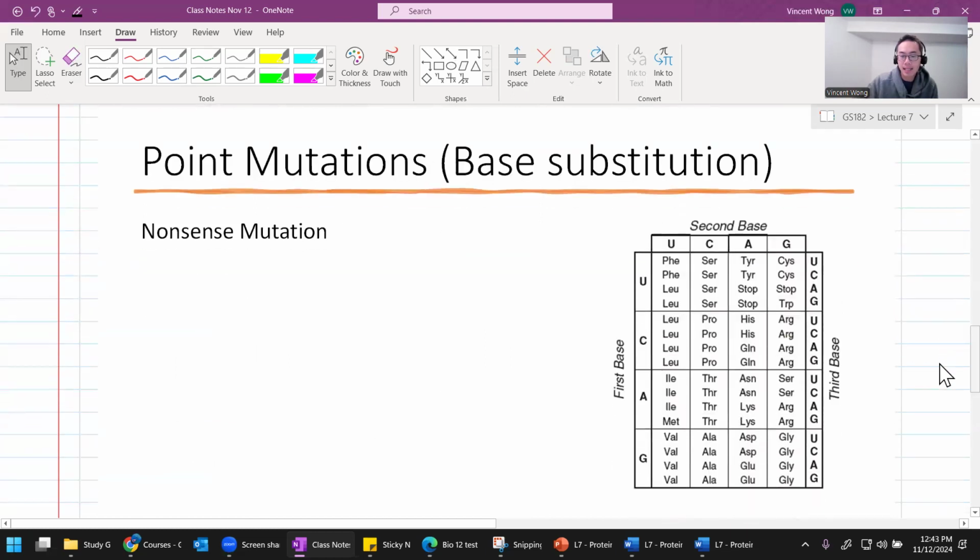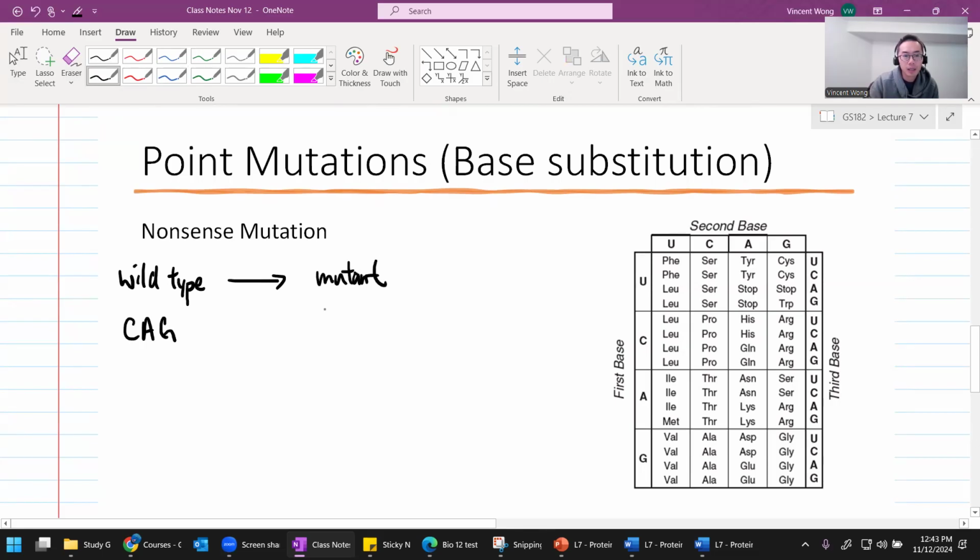Last one is nonsense mutation. So let's say we have a wild type here one more time. Wild type. And we will say this is CAG. And we're gonna have a mutant that is UAG. Now, I want to emphasize, even though we're doing RNA here, the change has to happen at the DNA level.